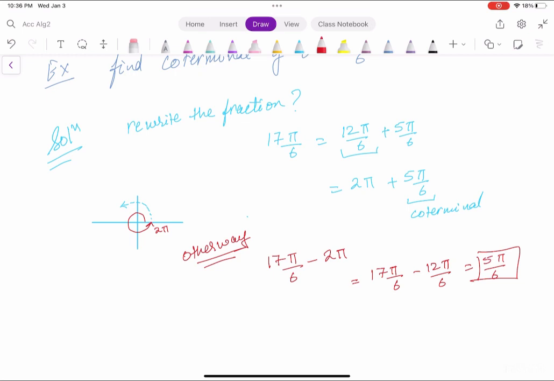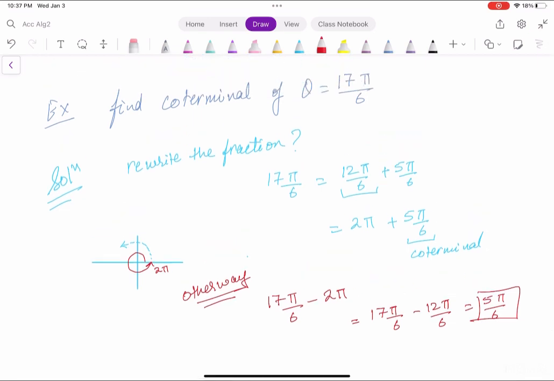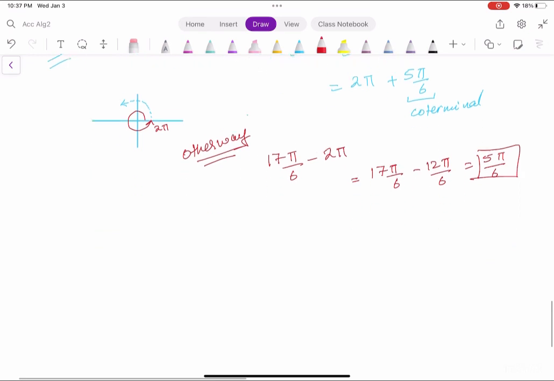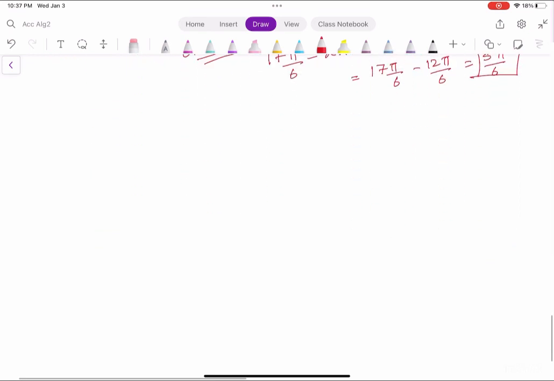Right. Now, as I talked about earlier, let's talk about converting degrees into radians and radians into degrees. So in geometry, you have converted degrees into radians and radians into degrees, because sometimes we need to write the answer in terms of radians instead of degrees.